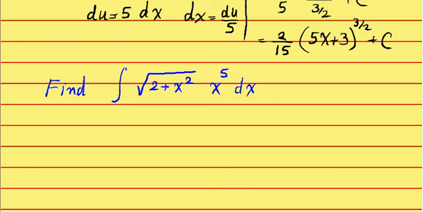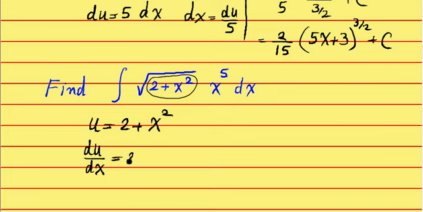So we follow that advice. I take u to be 2 plus x squared. By now we have learned the drill. du/dx is 2x, so du is 2x dx.